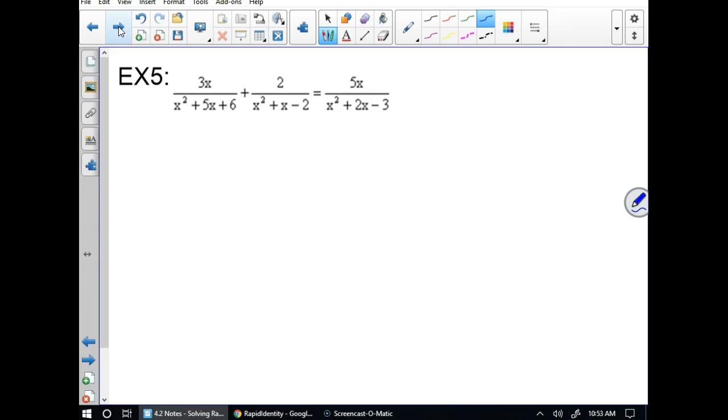Alright, so ideas of what we should try to do first. Kayla, let's factor the bottom. Because if we try to use that as our least common denominator, it's going to be terrible, right? It would be worth having a panic attack over if we're trying to do it without factoring those denominators first. So, just leave the numerator alone. The bottom of this first one is going to factor into x plus 2 times x plus 3.